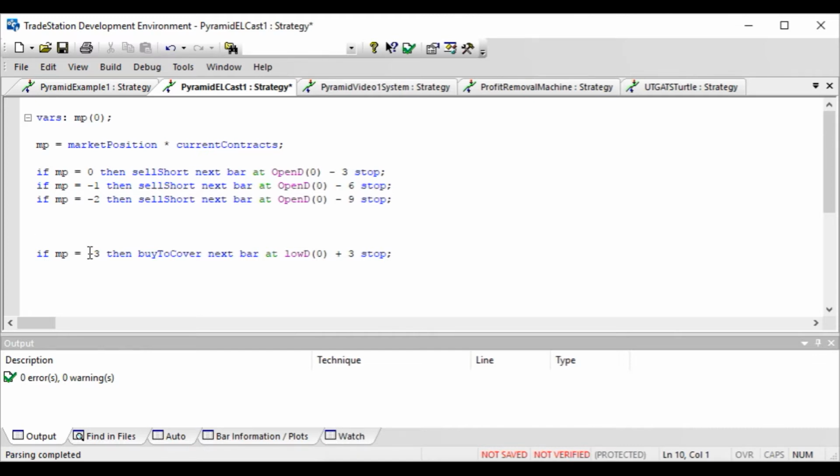If we put 2 positions on, meaning that the market had moved down 3 handles and then 3 more handles, we would put a protective stop 3 handles above the second entry price. And if the market did rally after we put that second position on, we would lose 3 handles on that second position, but we would break even on the first position. So let's go ahead and program this idea and see if it works.